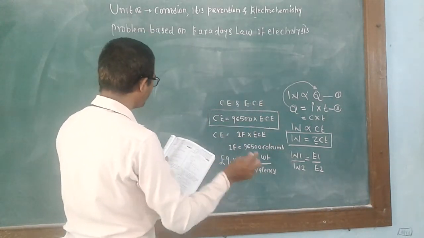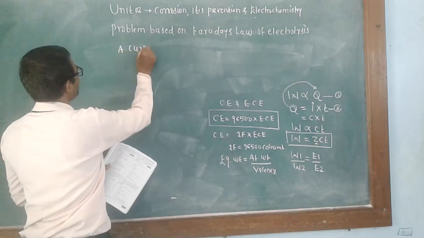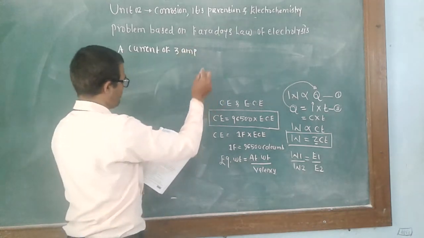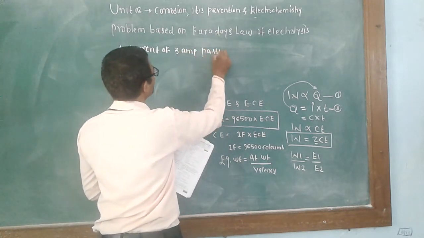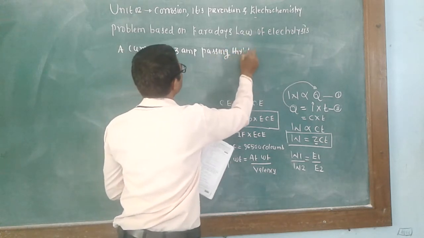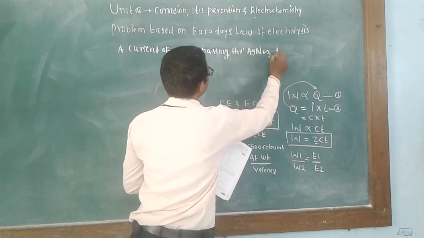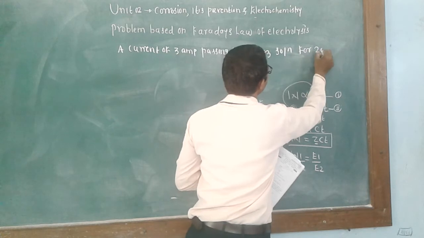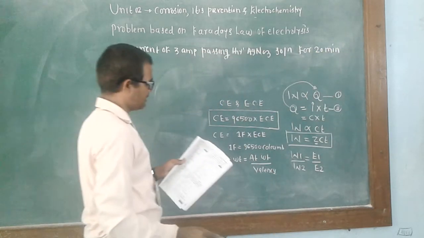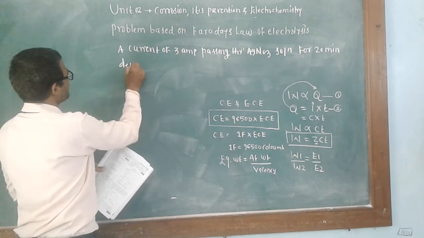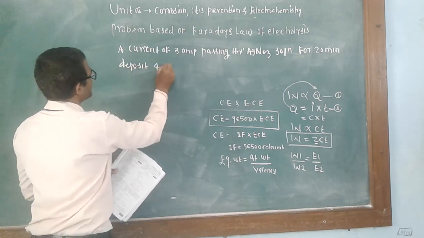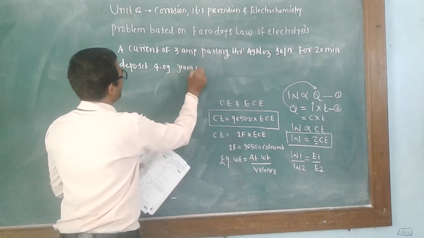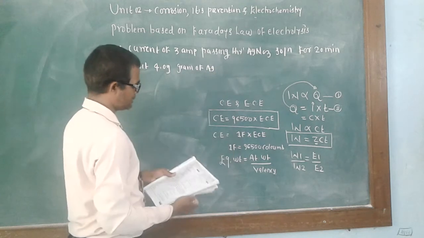A current of 3 ampere passing through silver nitrate solution for 20 minutes deposits 4.09 gram of silver metal, that is a substance.